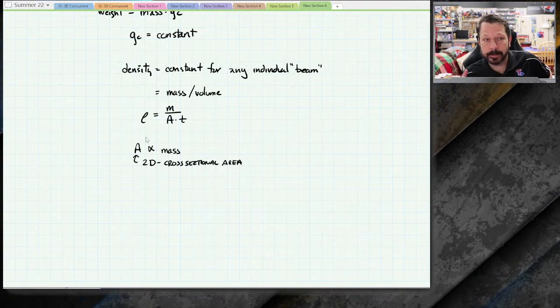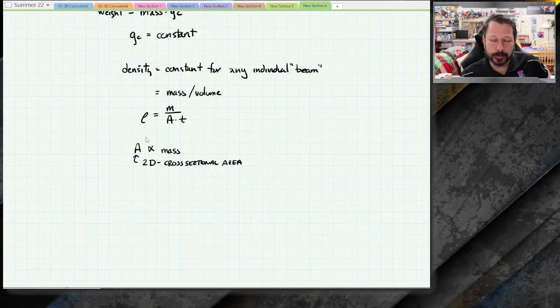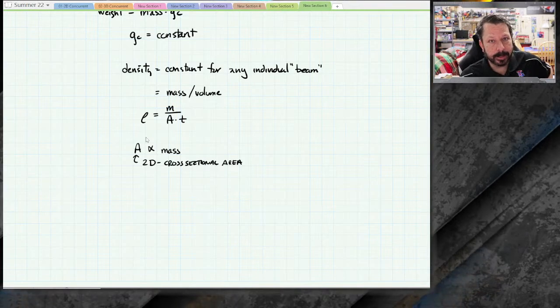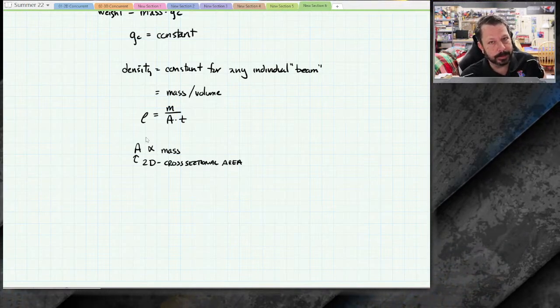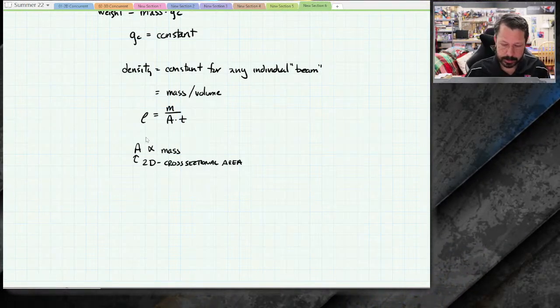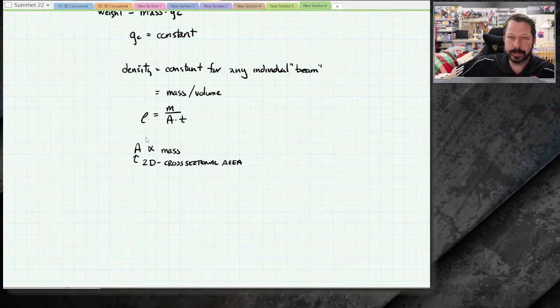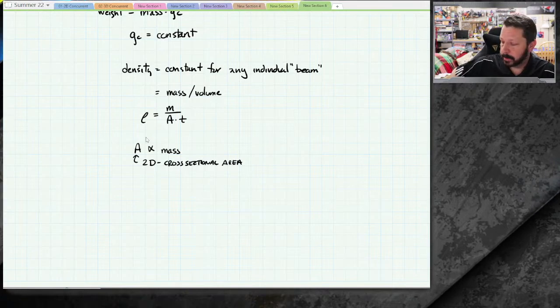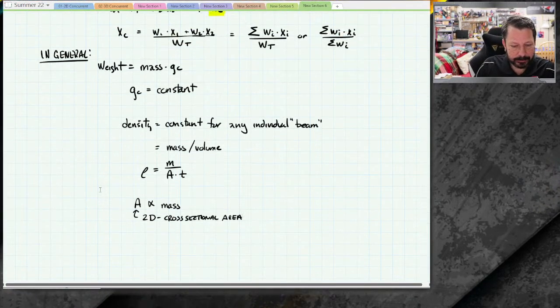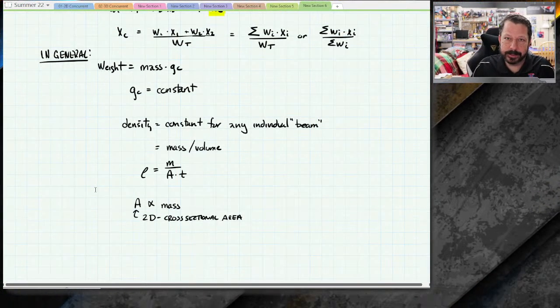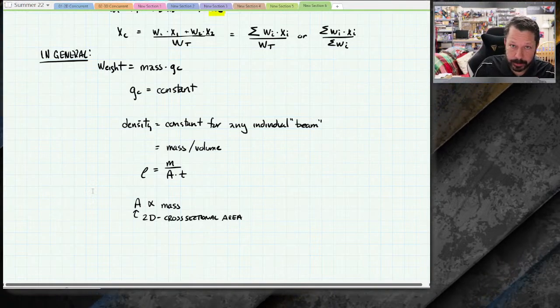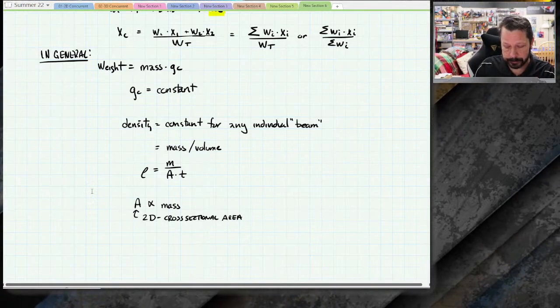Or you'll know that, I do have one of those beams that is tapered and I can't really do the same thing. I've got to do something different than just the cookbook. In this course, for the homework and problems like that, the cookbook thing is going to be fine. But you need to have the fundamental stuff behind it so that you know when that works and when you have to do something different.